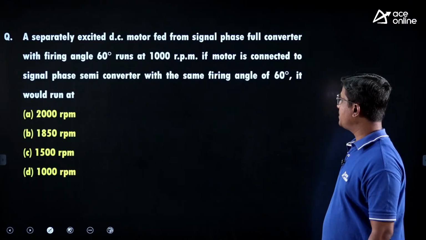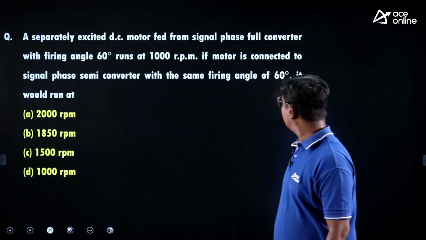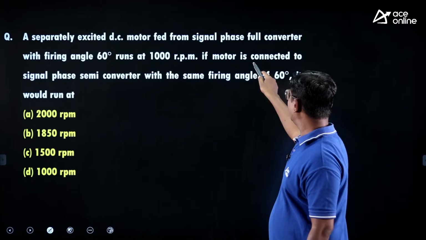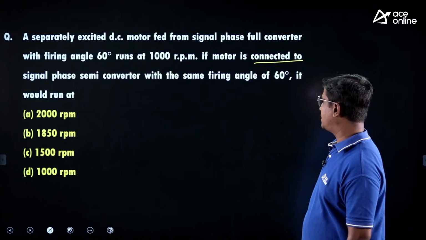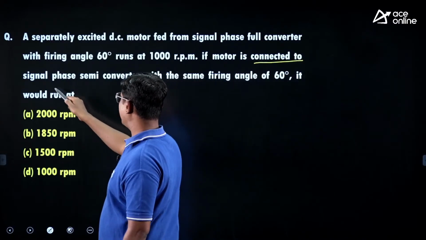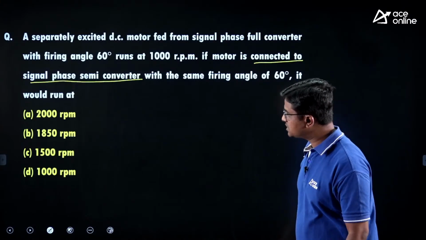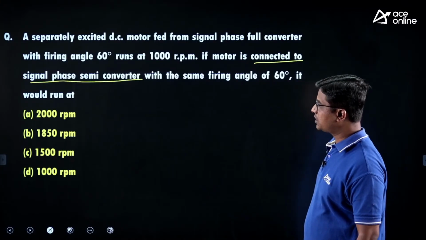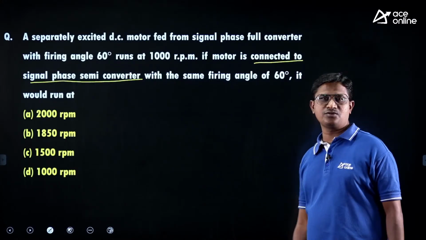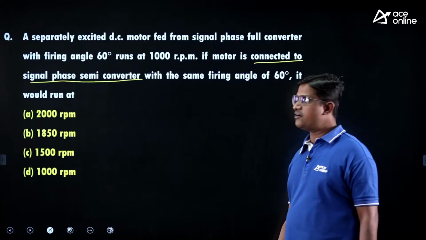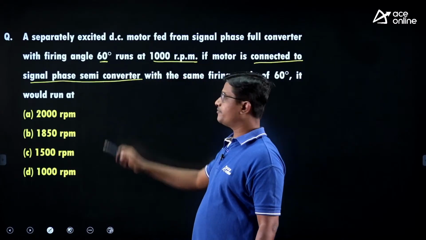Next, a separately excited DC motor fed from a single phase full converter with a firing angle of 60 degrees runs at 1000 rpm. If the motor is connected to a single phase semi converter with the same firing angle of 60 degrees, it would run at what speed? So first, the motor is connected to a single phase full converter and, when the firing angle is 60 degrees, the motor runs at 1000 rpm.